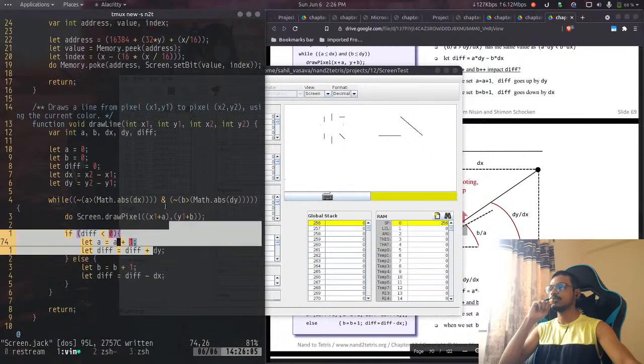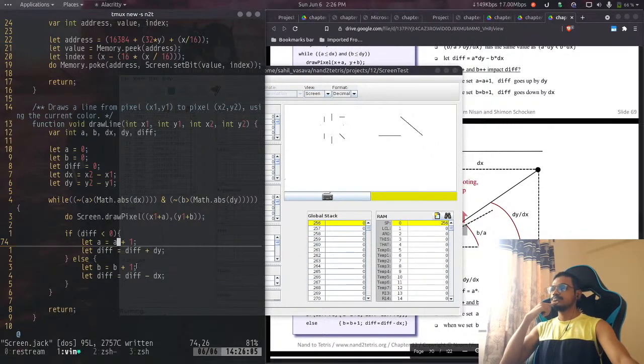What the hell? How can I get a negative a and b?